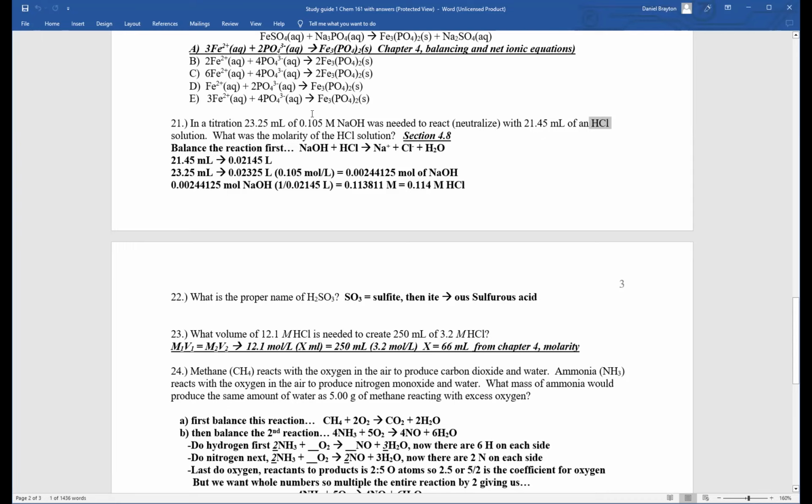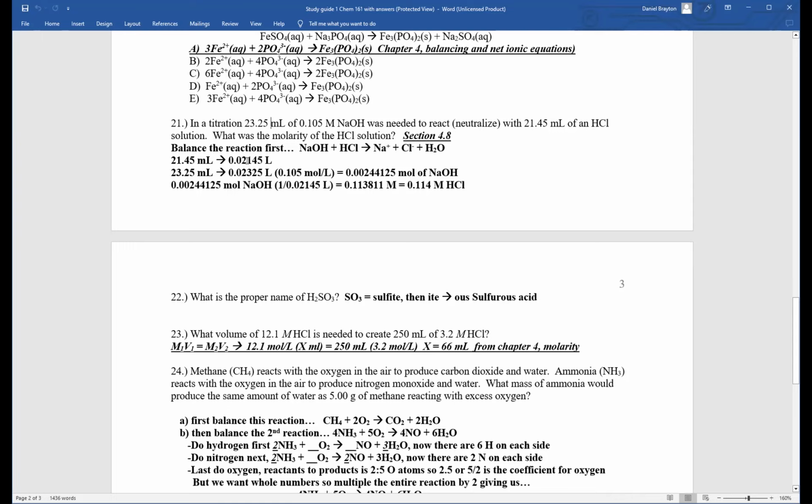Since the volumes were nearly identical, the concentrations must be very close. And then the sodium hydroxide used a little bit more. And if it used a little bit more than the HCl, that means that the HCl must have been a little bit more concentrated. So I'm looking for an answer that's close to 0.105. It looks like it's going to be off by like 5 or 10%, and it's going to be higher. So you can already see the answer here, but I would expect 0.11 or something close to that.